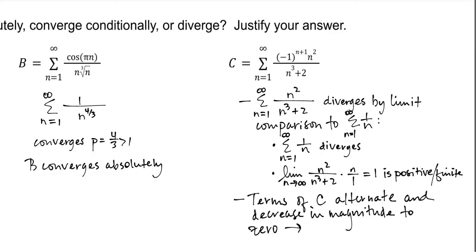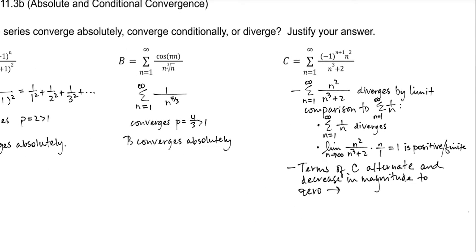That's going to give me the fact that C converges, and because C converges, but the sum of the absolute value of the terms of C does not converge, that means conditionally convergent.